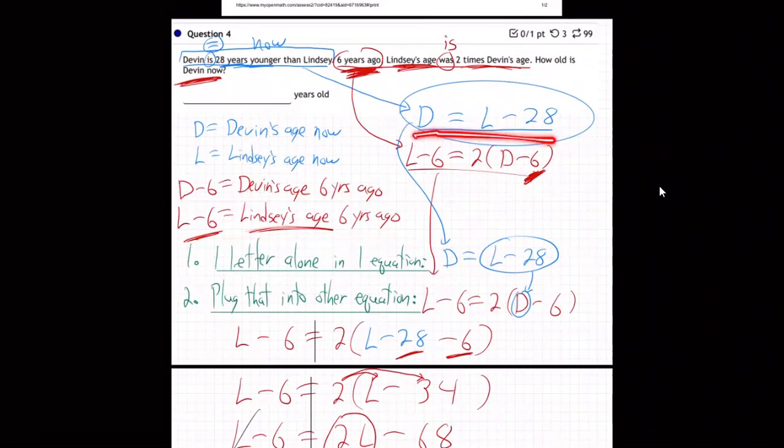Devin is 28 years younger, L minus 28, than Lindsay. And then 6 years ago, so L minus 6, Lindsay was equal to 2 times Devin 6 years ago, 2 times D minus 6. So there's our two equations. Then we did the usual, plug one equation into the other and solved them both for both letters.